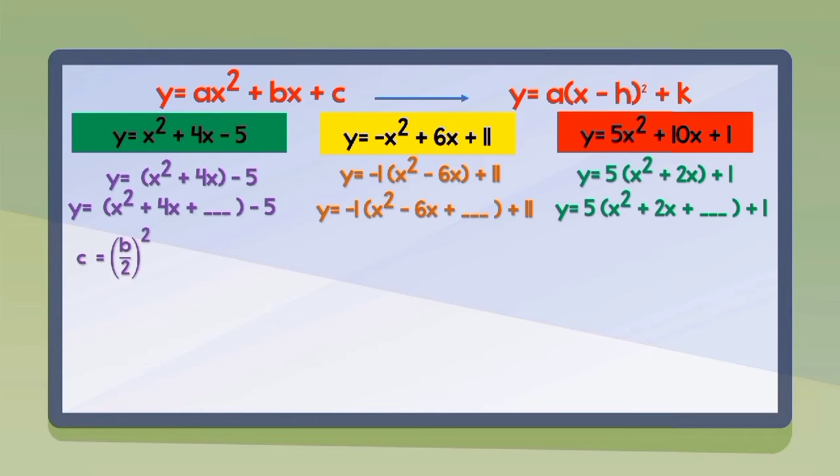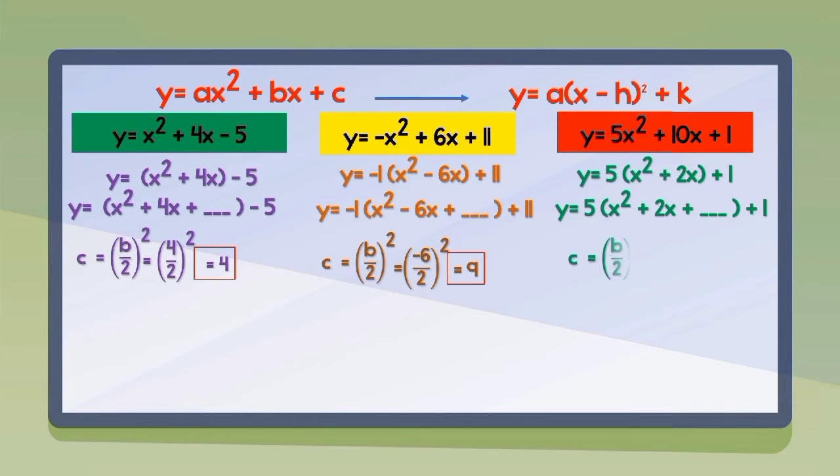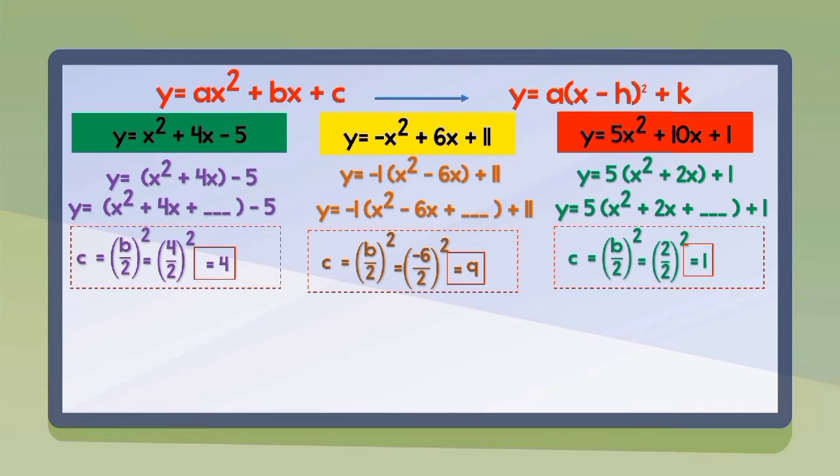In our first function, b is equal to 4, and 4 divided by 2 is 2. The square of 2 is 4. In our second function, b is equal to negative 6. Divided by 2, that is negative 3. The square of negative 3 is 9. On the last function, b is 2, so 2 divided by 2 is 1. The square of 1 is 1. So these are the values that complete the perfect squares.